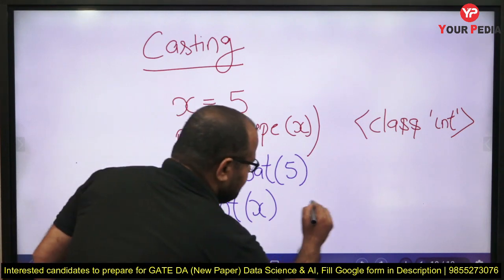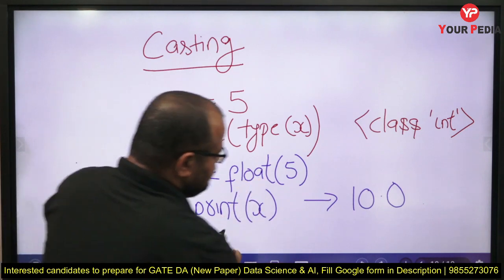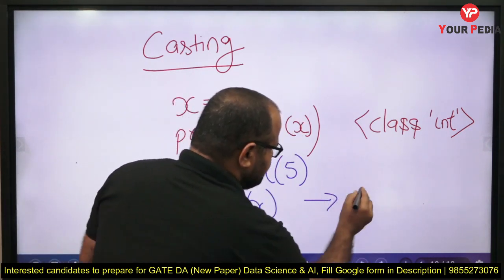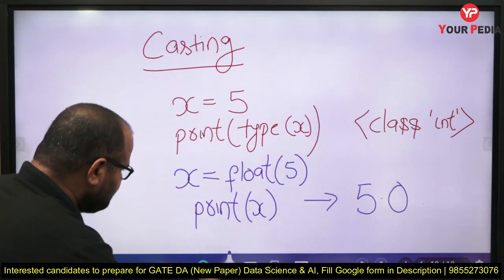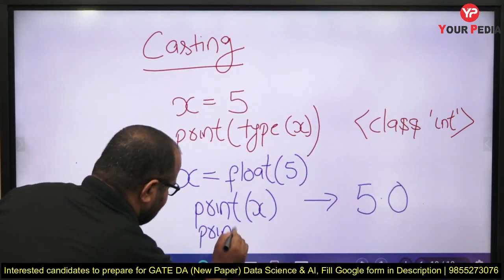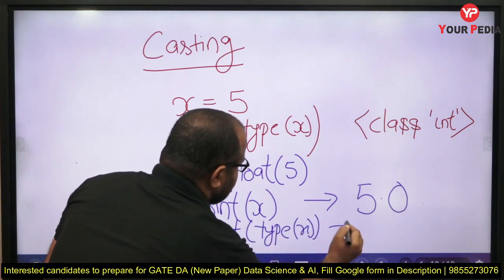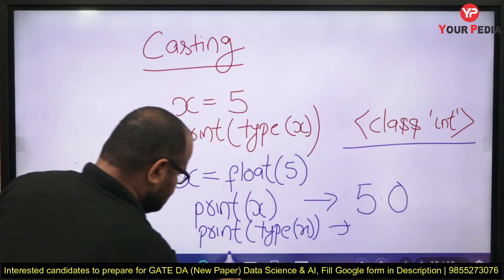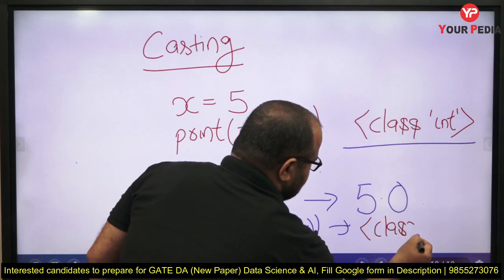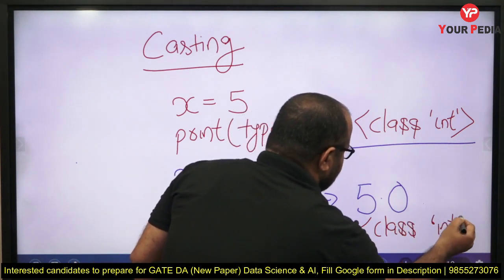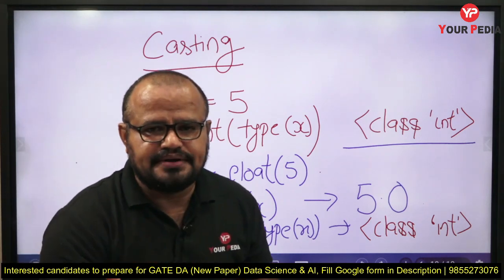The output will be 5.0, not 5, that is a float value. And if you type print type of x, previously it was class int, but now it is class float. It means we can cast according to whatever type we want.